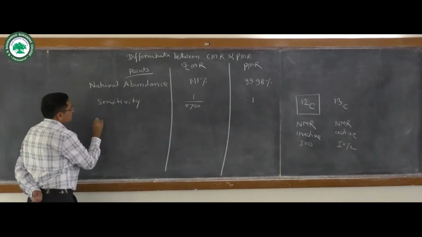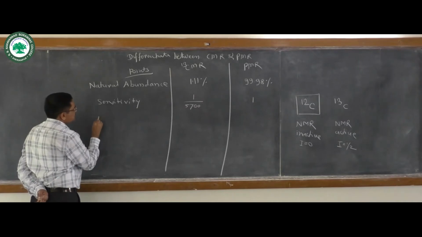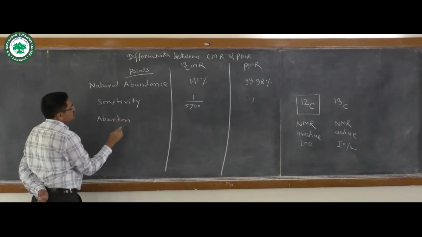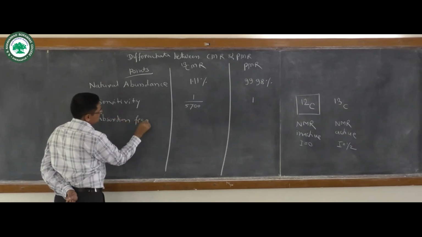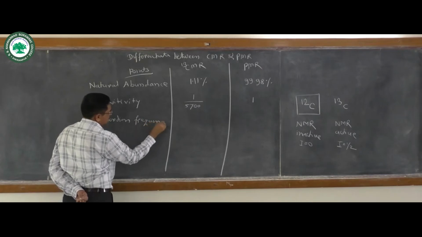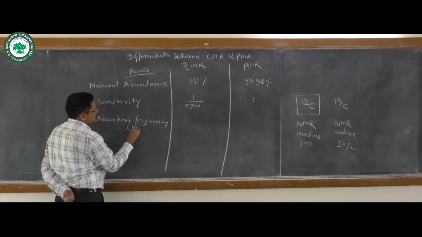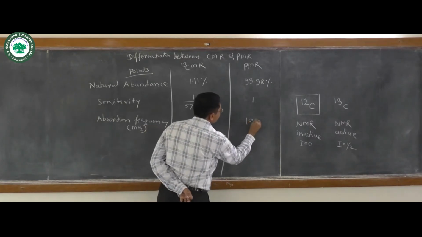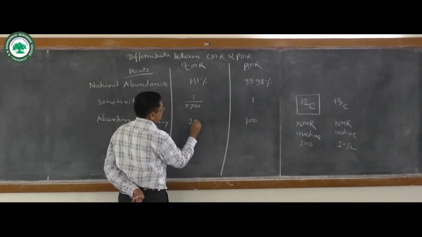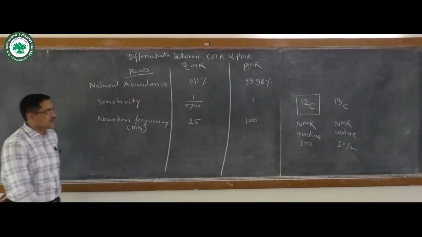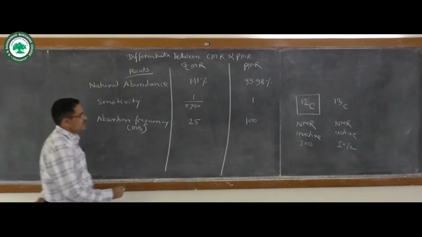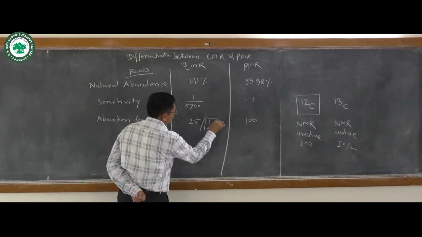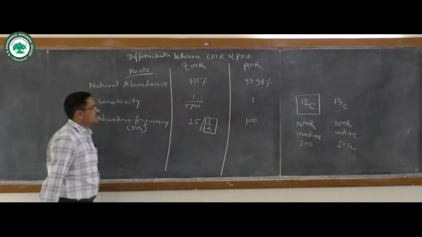And then absorption spectroscopy, absorption frequency in megahertz. Suppose we consider here 100, then it is 4 times less than PMR, means here 1/4.